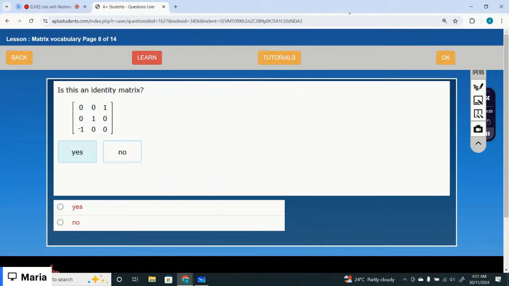If you don't have the negative sign here and on these, I forgot just the name, they are all the one but without the negative sign, then that would be an identity matrix.